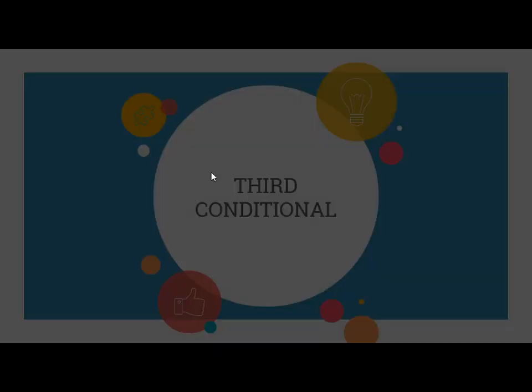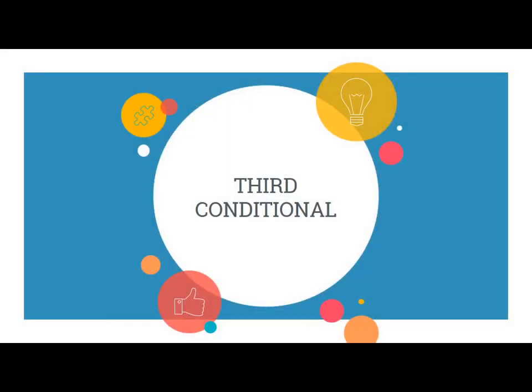So, let's move on to the last part. Third conditional. Going back: zero conditional, we talk about those general facts that we have, so that we are 100% sure that what might happen will happen if we do an action.